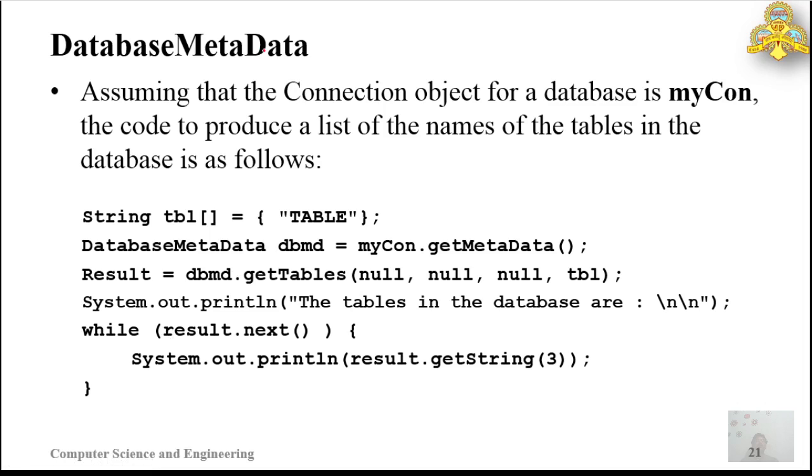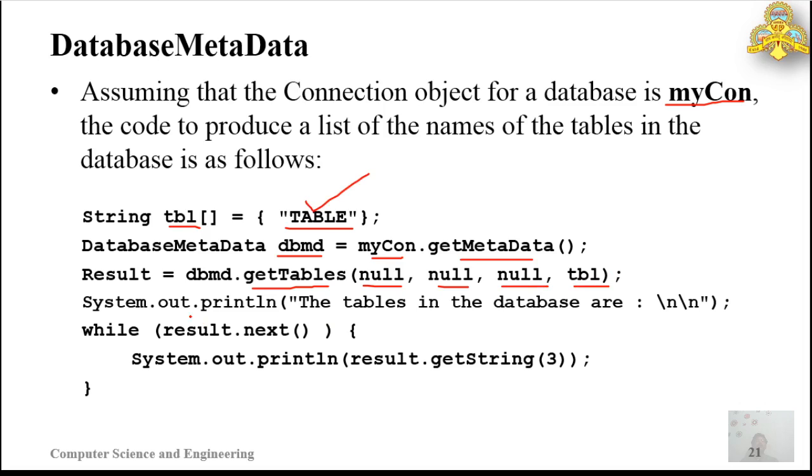Here is the example. Assuming that the connection object for a database is mycon, the code to produce the list is as follows. Here is a string array tbl, and from mycon, the connection object, I am creating getMetaData that is stored in dbmd. I am running the method getTables from dbmd. The first 3 parameters are null, and the last one is tbl, which is a string array containing one element, that is "table".